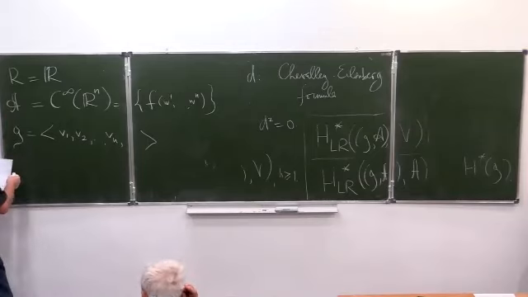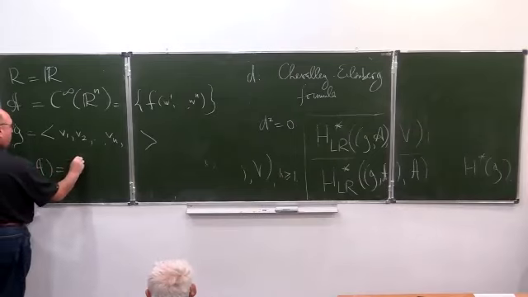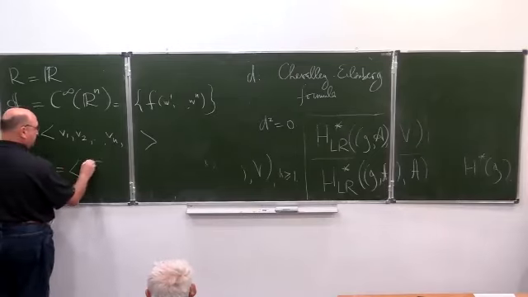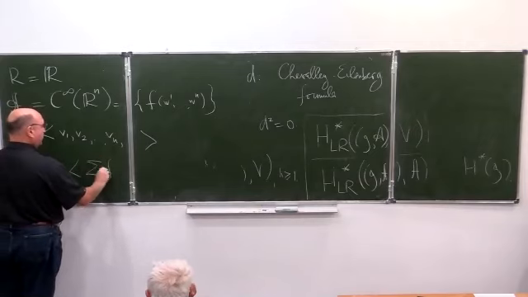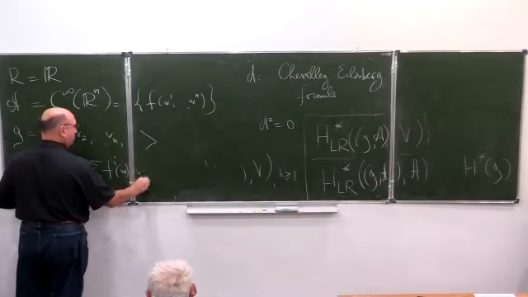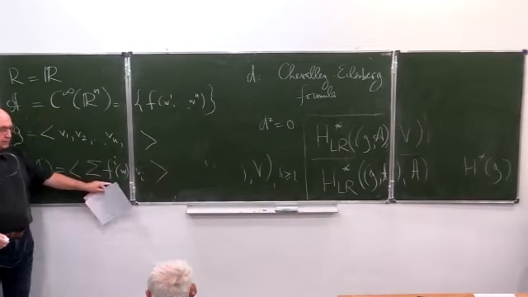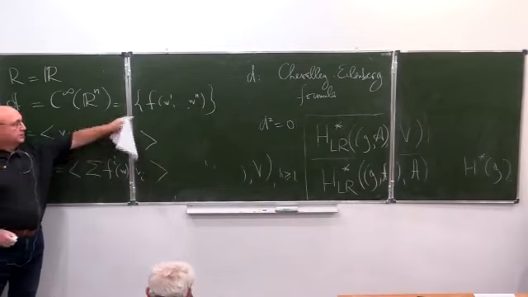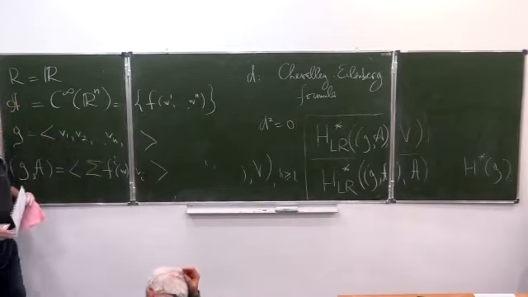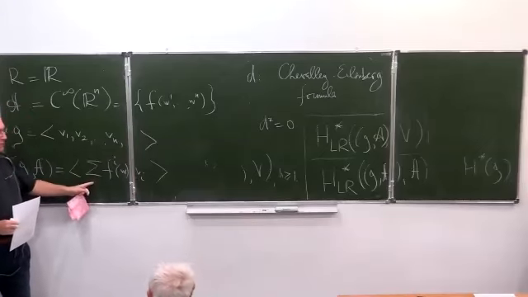The elements of this Lie algebra will be finite combinations of the following form: functions of these W's multiplied by elements of this basis, and all the sums will be finite.